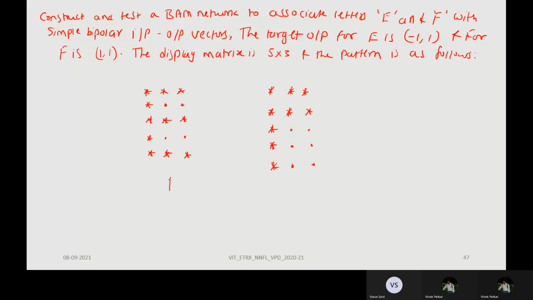This is the E and this is the F. Got it? Yes, sir. The target for E is given as minus, and we have taken down the pattern.